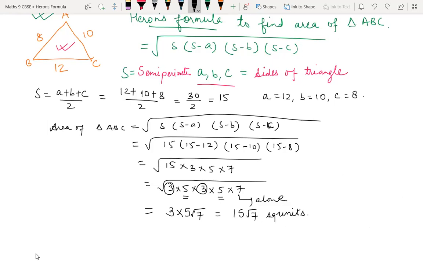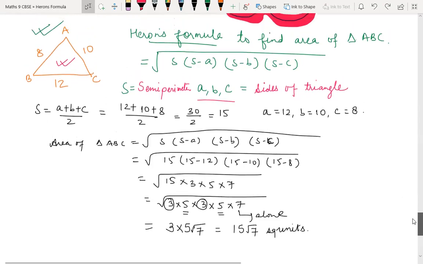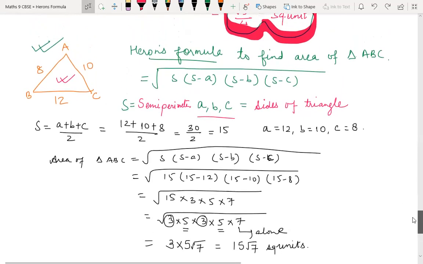Now I'll give one question based on the same thing. You have solved this one and copied it; if you didn't copy it, just write it across. I'm going to give a similar type of question for you to solve. If you solve it correctly, then I can think that you can do 90% of any type of questions from this chapter. Shall I give the question? Sir, can you wait? I'm copying it.